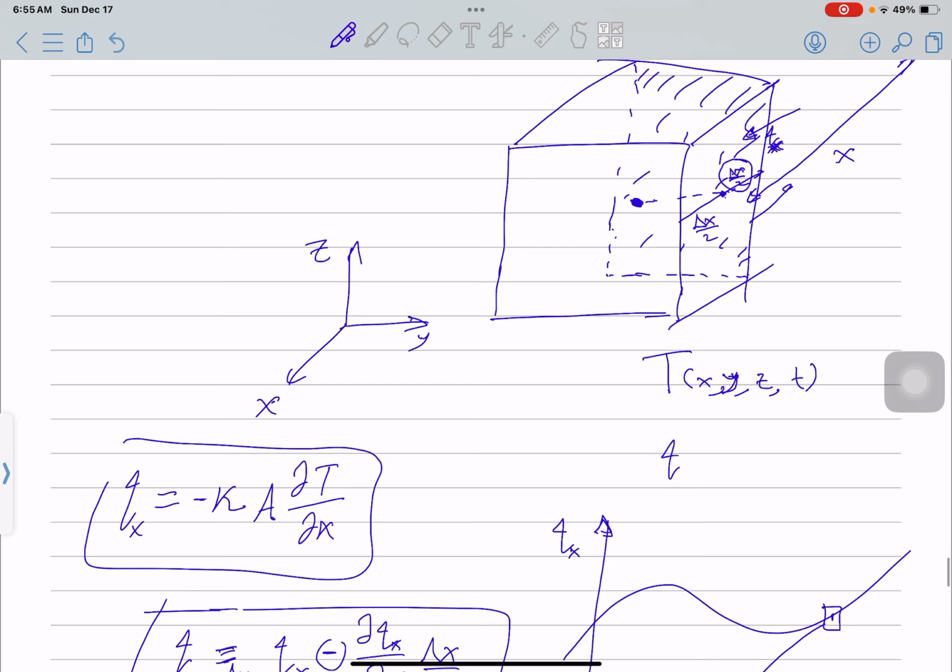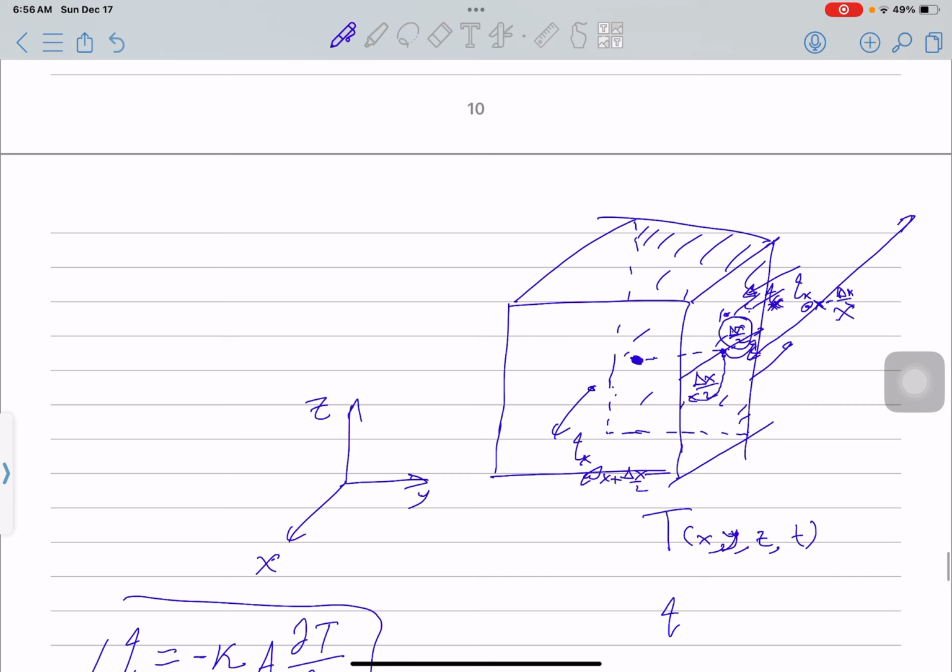We can see that for the back face, we have Qx at x minus delta x over 2, while here we have Qx at x plus delta x over 2, because we moved delta x over 2 in the negative and the positive directions. So the signs are determined by this.